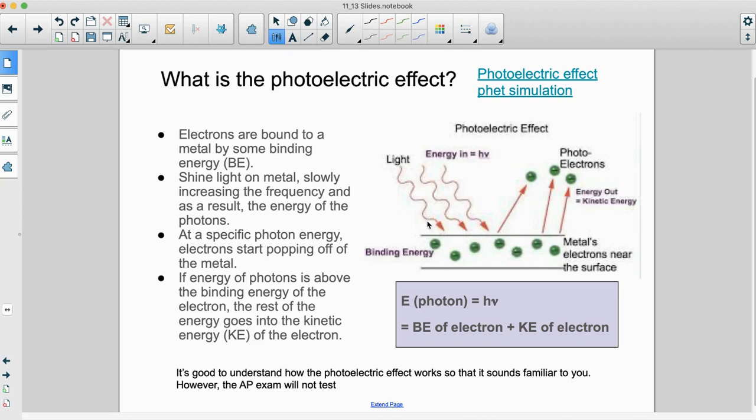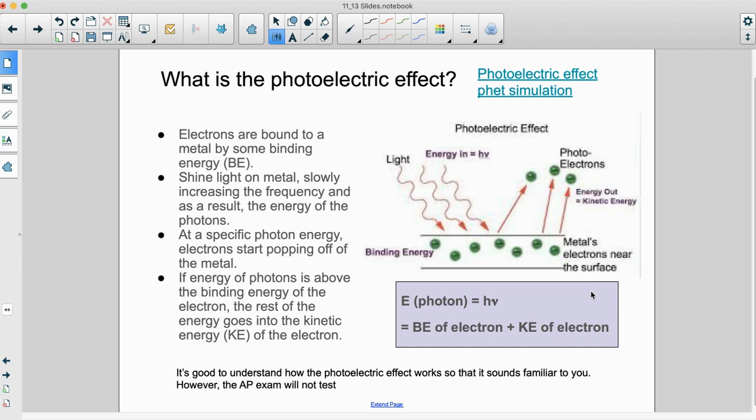Some of that light energy goes into breaking the electron's bond with the metal, and anything more than the binding energy turns into kinetic energy for the electrons. Okay, so basically the energy of the photon is equal to h nu, and it's equal to the binding energy of the electron plus the kinetic energy of the electron.